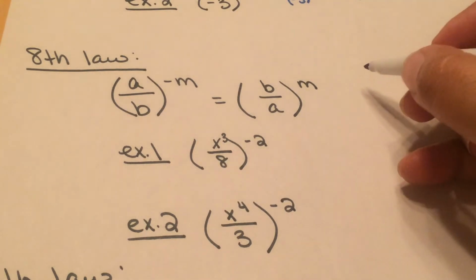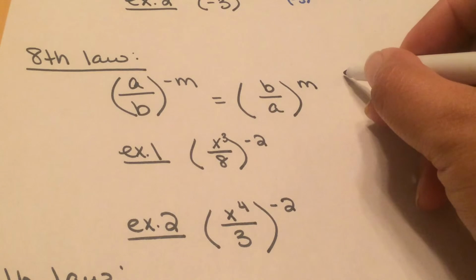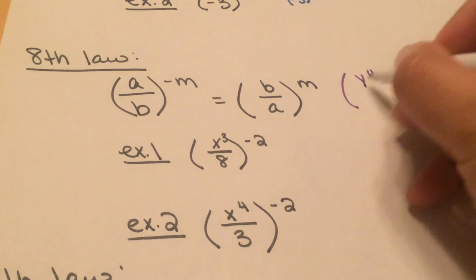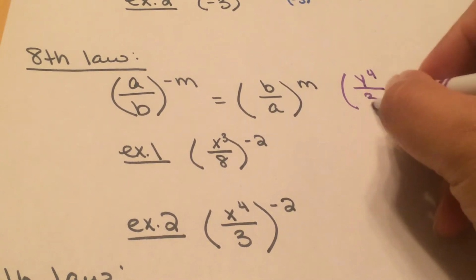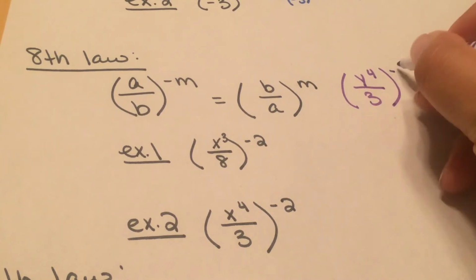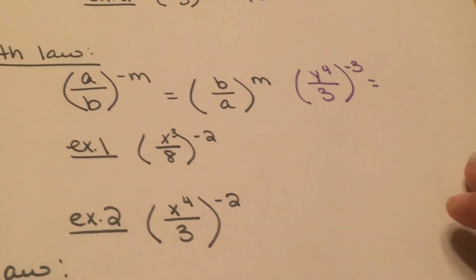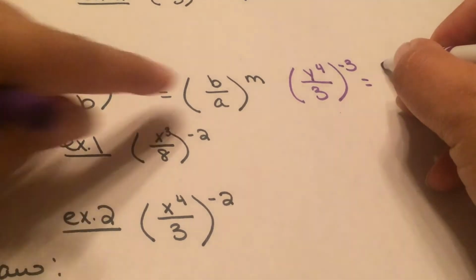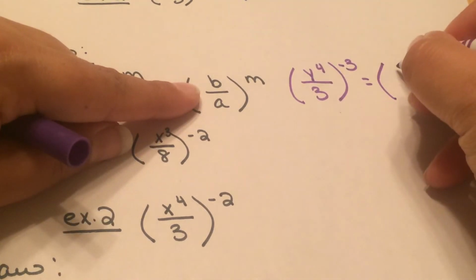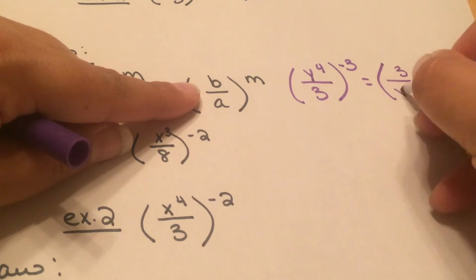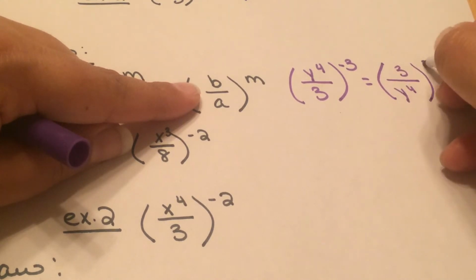Well, let's see right now. So if we have an example of that, that's going to mean something like y to the fourth over 3 raised to the negative third power. So really quickly, I'm going to go ahead and just flip that around, so I get 3 over y to the fourth to the third power.